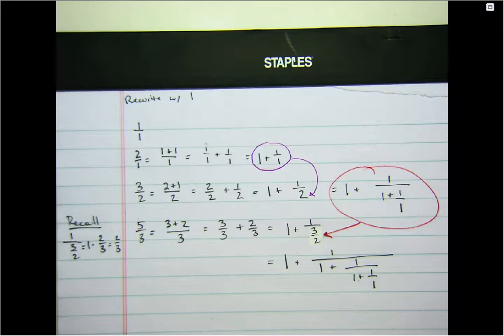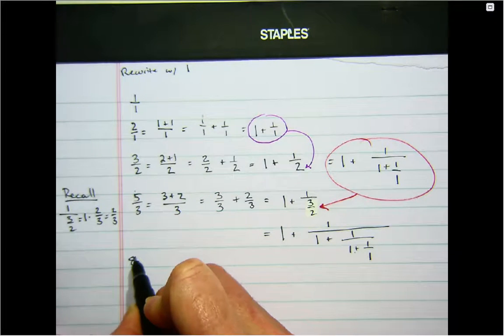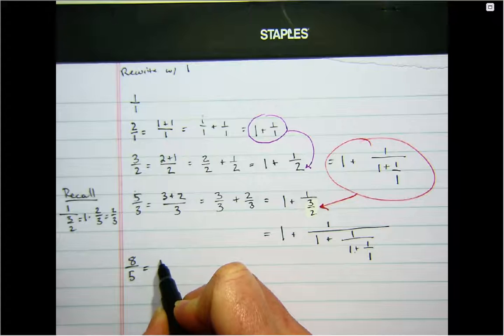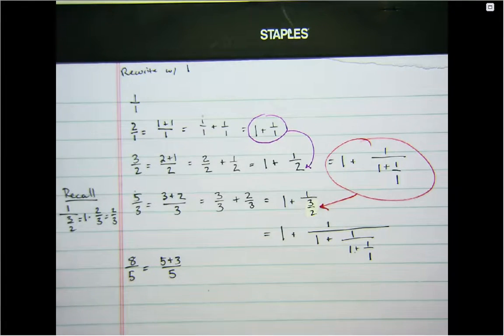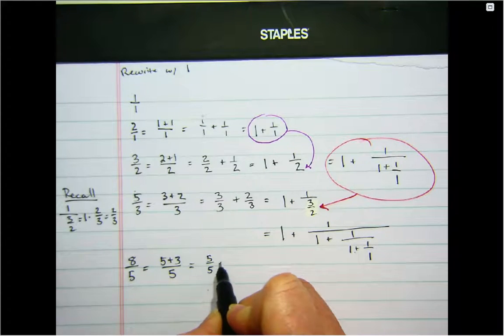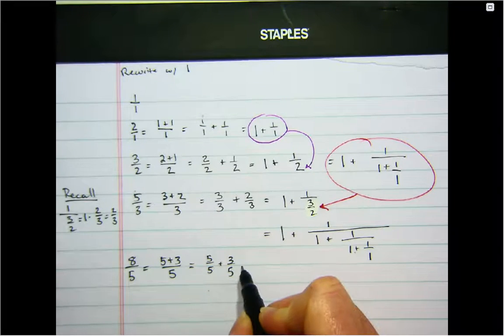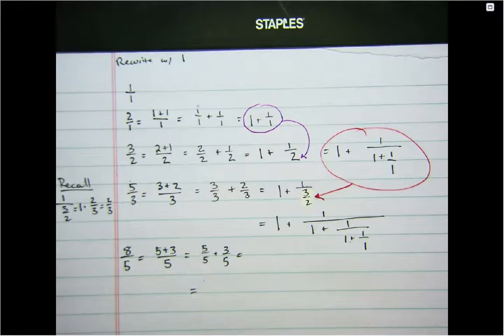And we can keep doing this. We can keep using the work that we did above to get the continued fraction describing the ratio all in ones. So how about we do that one more time. 8 over 5. We split the 8 up. 5 plus 3 over 5. Okay, then we split up the 5 plus 3 over 5 into 2 fractions. And then I'll go a line below because I wrote that too close to the other.